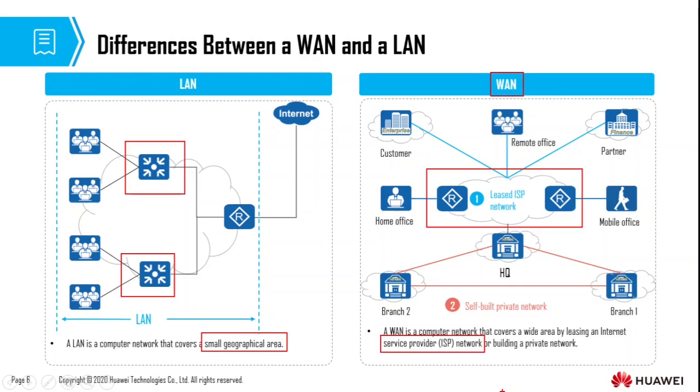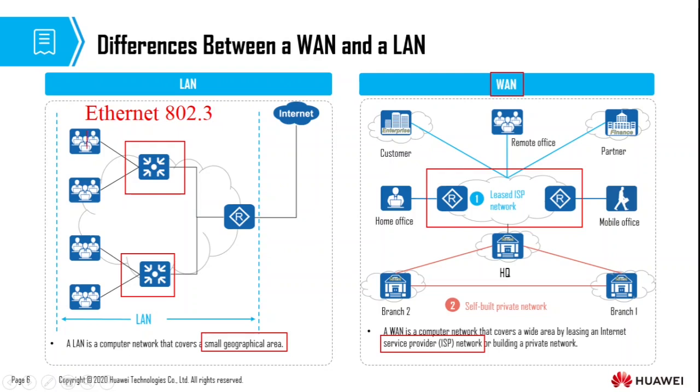Now, WANs and LANs use different protocols at the data link layer. We've already learned about the Ethernet, the 802.3 standard.